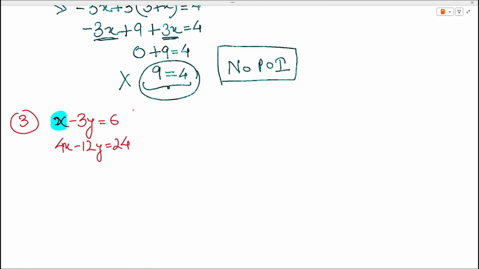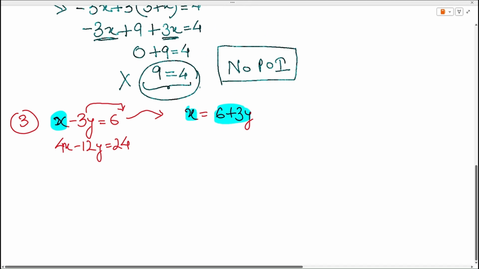So this equation turns out to be x is equal to, negative 3y goes on the other side as positive, so 6 plus 3y. And now because we've been able to isolate for x, we'll substitute this value of x over here into equation number 2.